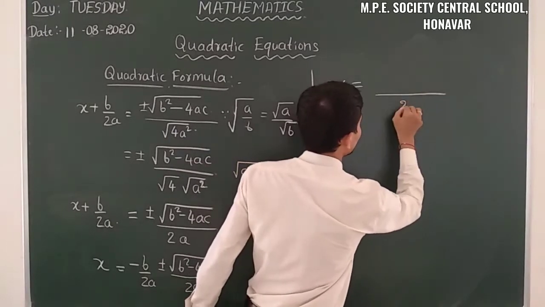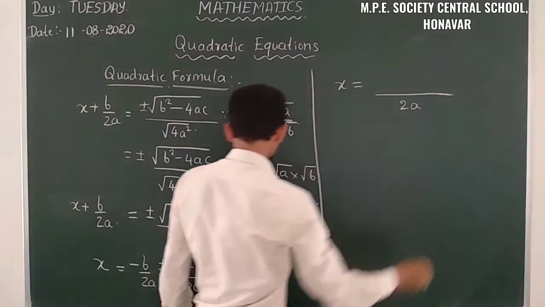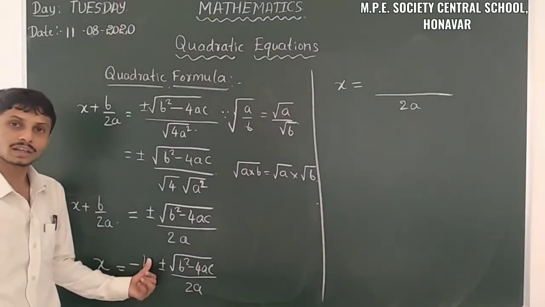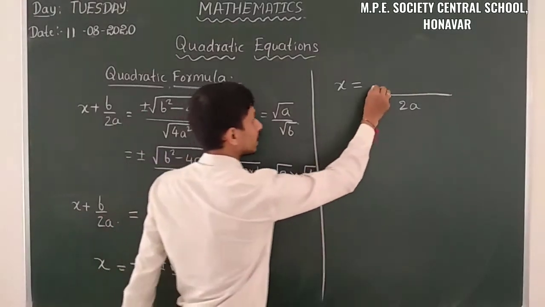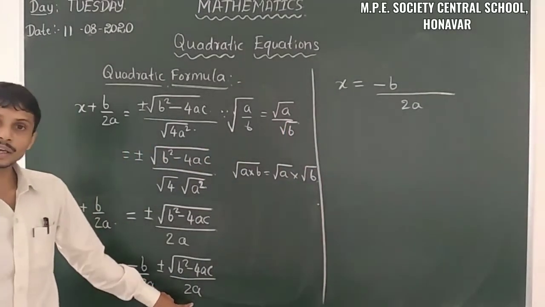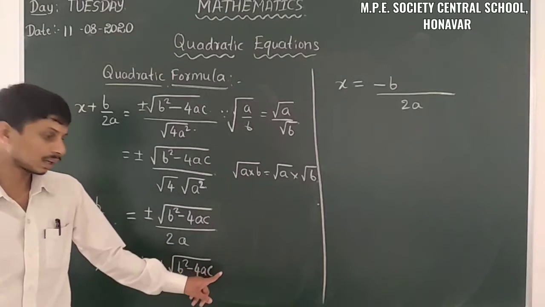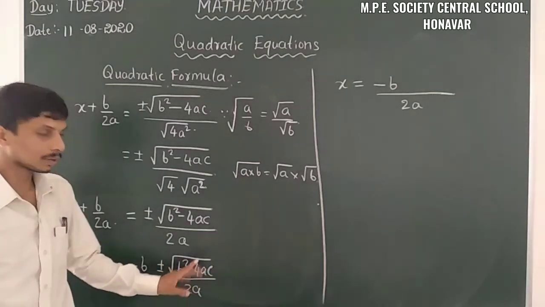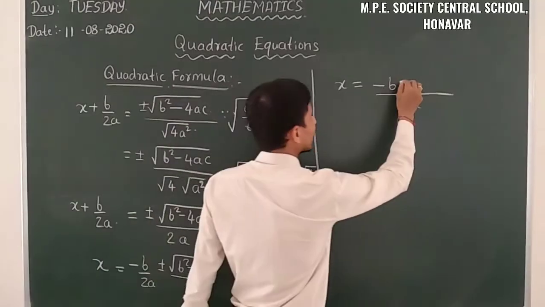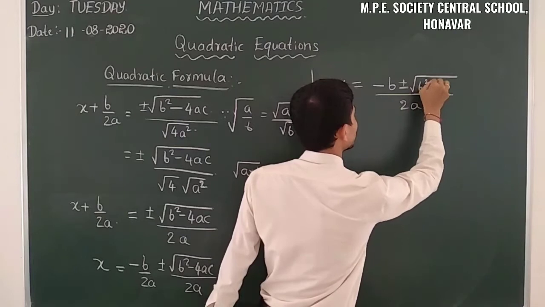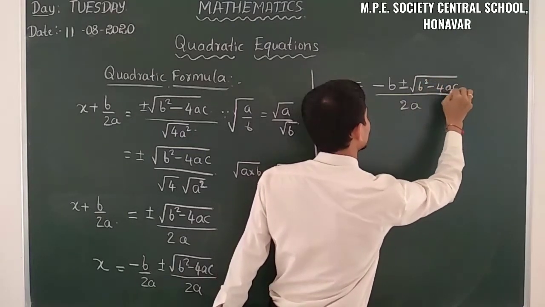Here 2a is there, so we multiply with 1, and here also we multiply with 1. That means minus b remains as it is. Then here also 2a, multiply with 1, and plus or minus square root of b square minus 4ac remains as it is.